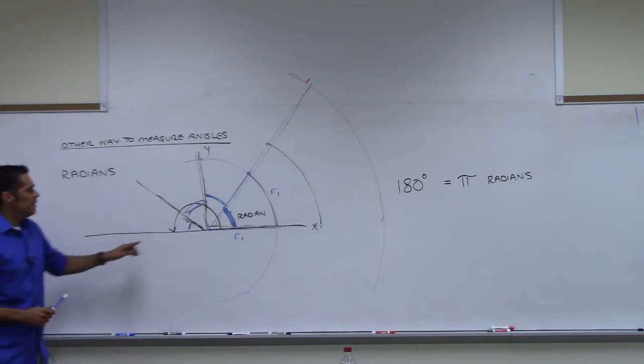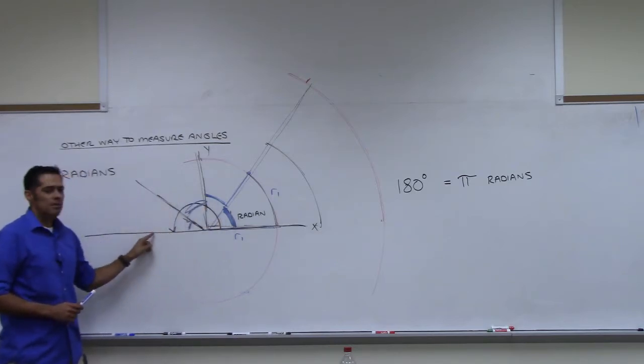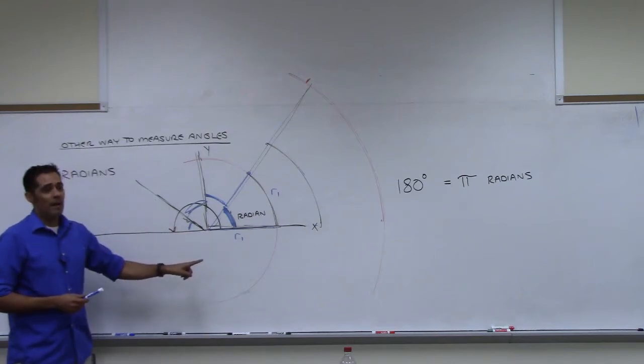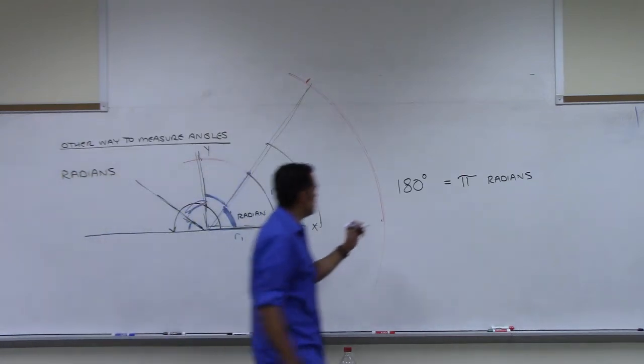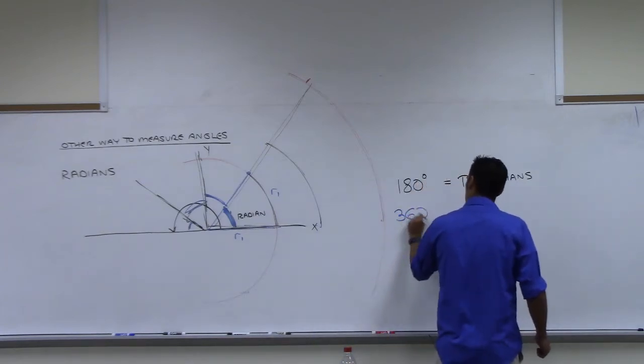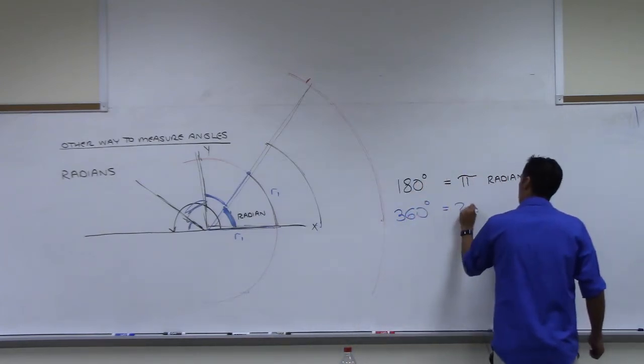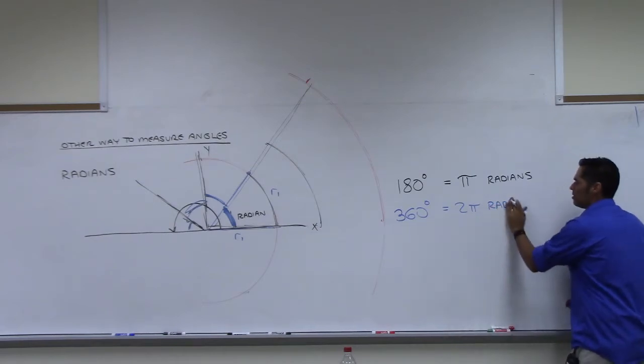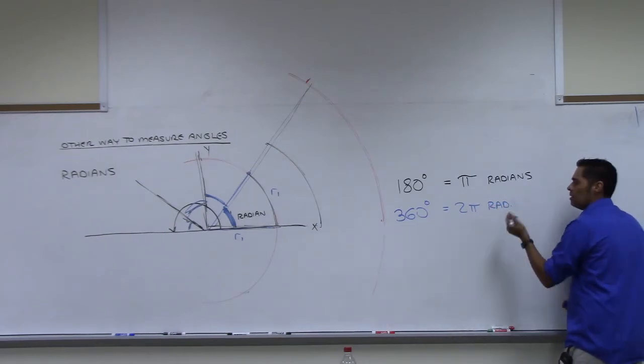All right, so if a half rotation is pi radians, then what's a full rotation? 2 pi radians. So 360 degrees is 2 pi radians. Now, I'll start putting rads or just rad for radians.